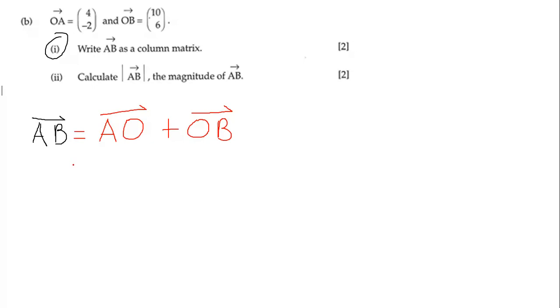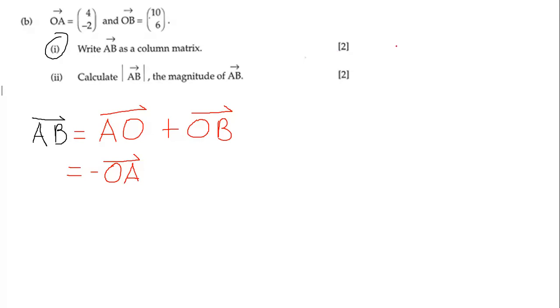All right, so now, what is AO? What is the vector AO? Well, the vector AO is the same thing as negative OA. You say, how?